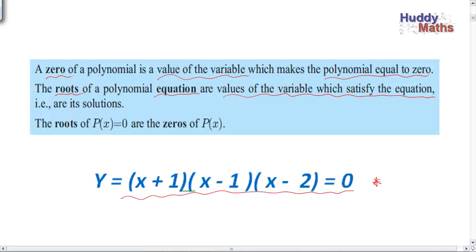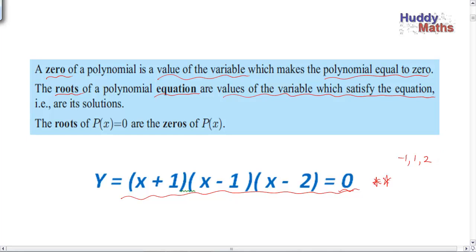Okay, so are you getting confused? So the zeros here, the values of x to make this function 0, are neg 1, 1, and 2. Which, because it's being put equal to 0, these are also the roots of this particular equation.